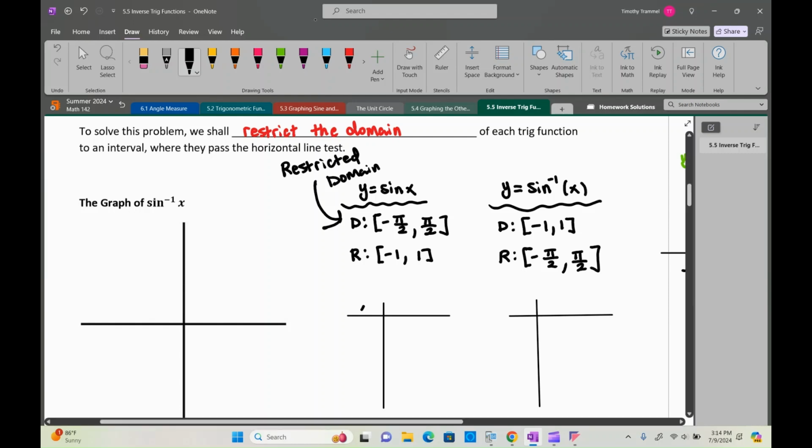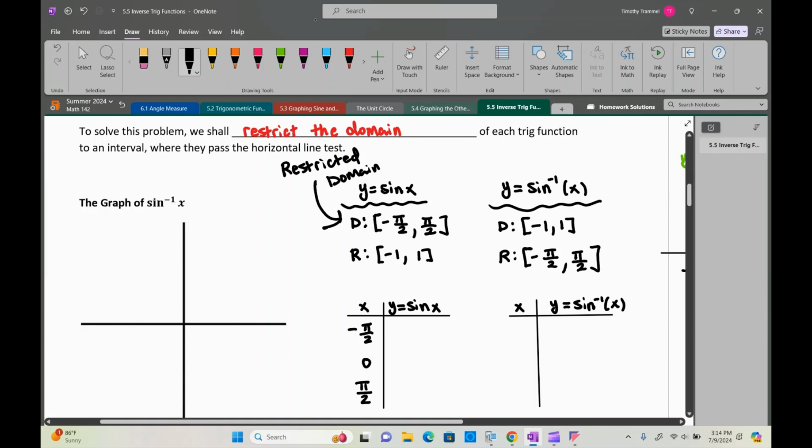All right, so let's call this maybe x. We'll call this y equals sine x, and this y equals x, and then y equals sine inverse of x. Okay. So from minus pi over 2 to pi over 2, there were only a few interesting values we had there. So we had minus pi over 2, we had 0, and then pi over 2.